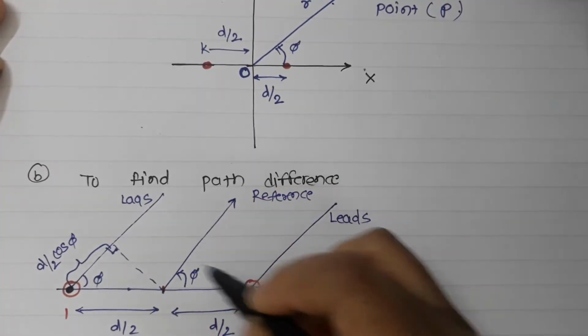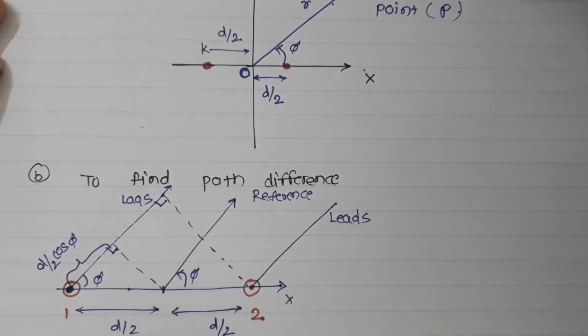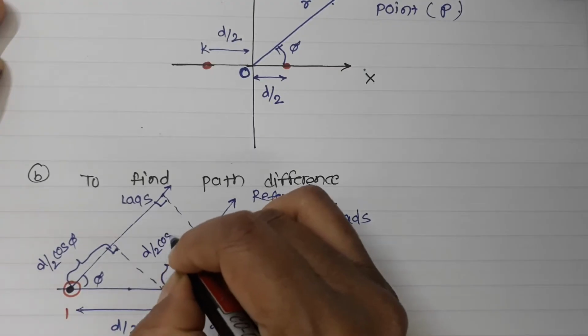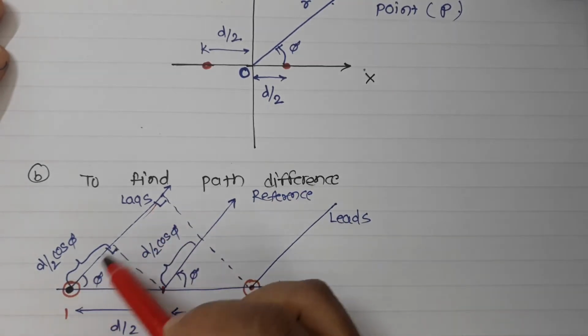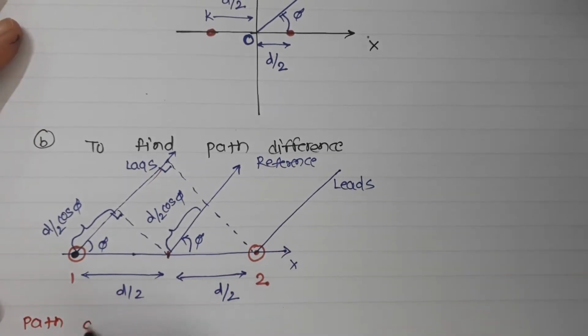And similarly if I put the perpendicular from here to here, this angle is again phi, so d by 2 cos phi. So here if this is d by 2 cos phi and this is d by 2 cos phi, collectively, if you talk about the path difference in this particular figure, I can say the path difference is d cos phi.